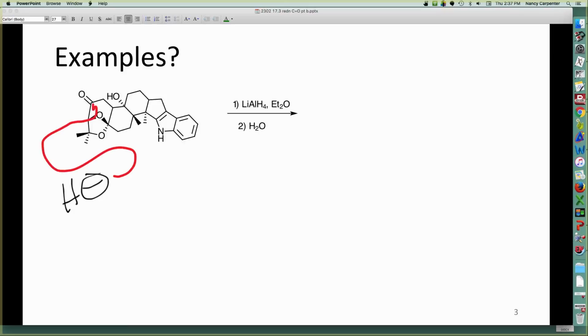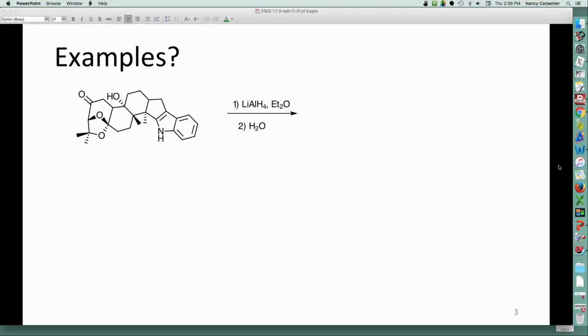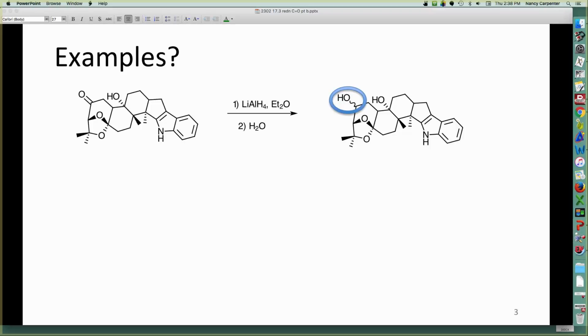Now, that's not to say that we don't deprotonate the nitrogen and the oxygen. After all, acid-base always wins. But how is it that we get the alcohol in the presence of those acidic hydrogens? Keep in mind that these are tetracoordinate.